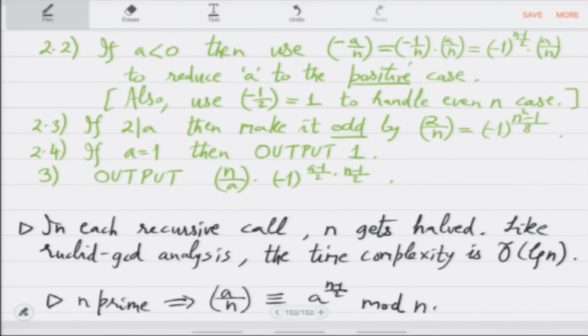Now this may not be true for composite n. So does it fail for composite n? If it fails, then this is a criterion for primality, and you can use this to test n for primality. Okay, so next time we'll investigate this.